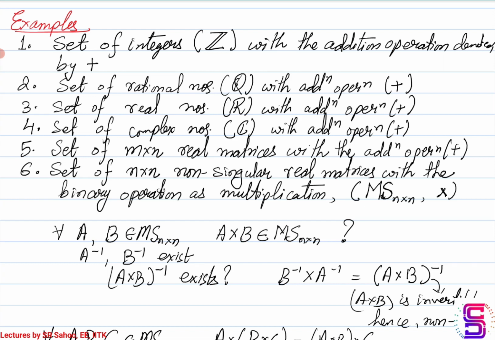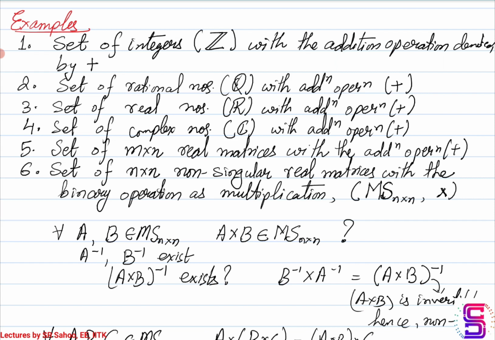Okay, now let's come to another example, which is a set of n cross n non-singular real matrices, and the binary operation associated with them is matrix multiplication. Okay, is this a group?